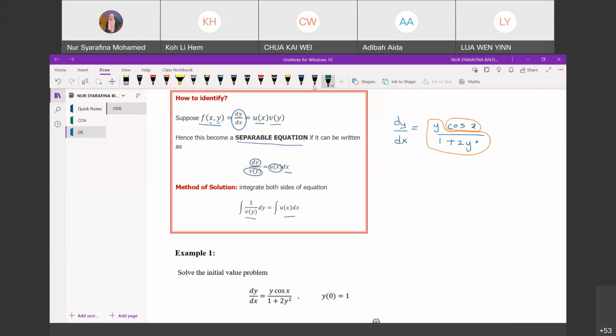This one should be with dy, then just put it to the right hand side. And this one should be with x, then just put it to the right hand side here. So just bring this to the left hand side, then you can have (1 plus 2y squared) over y dy equals to cos x dx. Understand or not?